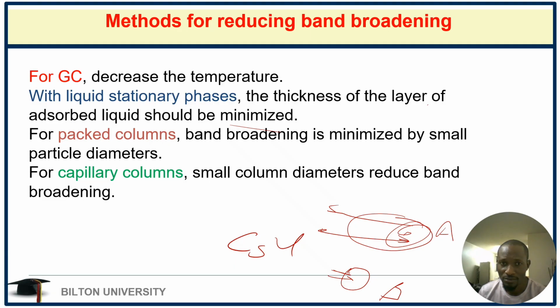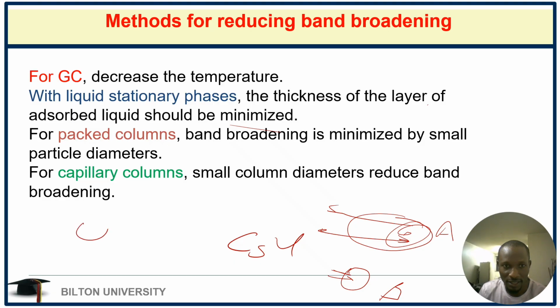Now for packed columns, we have different columns. We have capillary columns and packed columns. For packed columns, band broadening is minimized by small particle diameters. When we talk of small particle diameters, we are looking at the packing size of the packing materials, which in this case is the stationary phase.